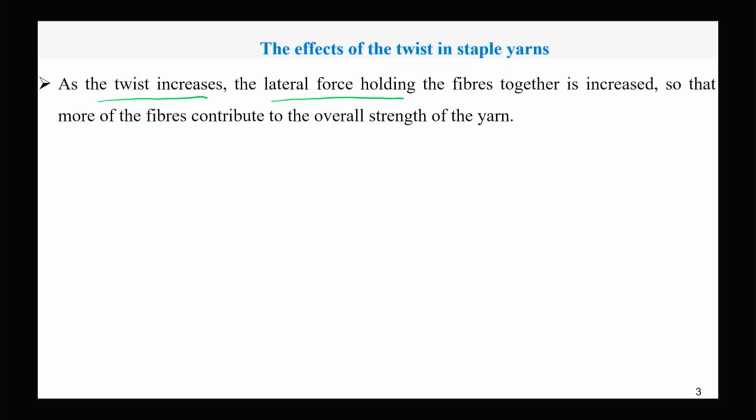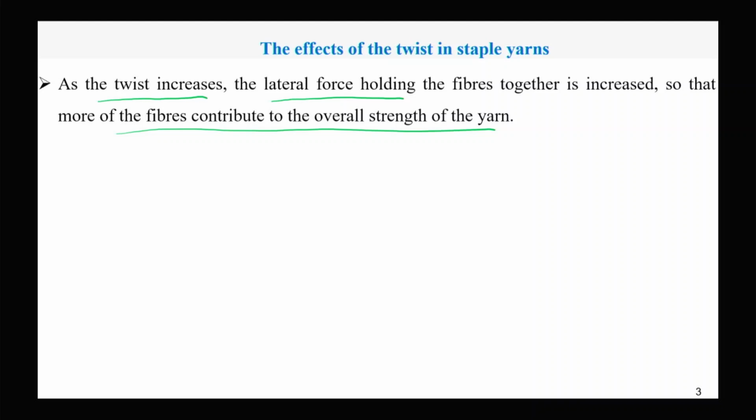While twisting, the lateral force increasing actually increases the fiber to fiber friction, and yarn strength increases. When the lateral force increases, more and more fibers come together and contribute towards the yarn strength.